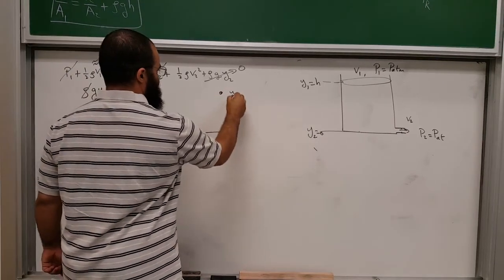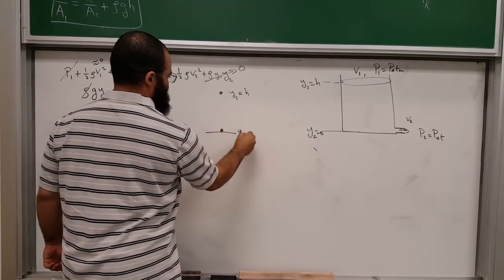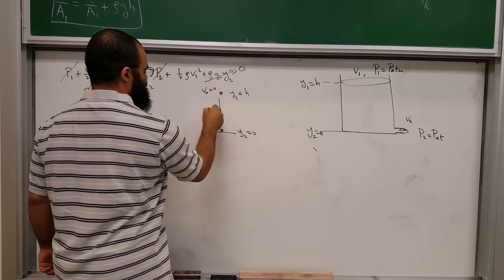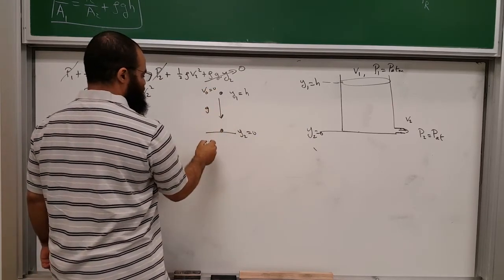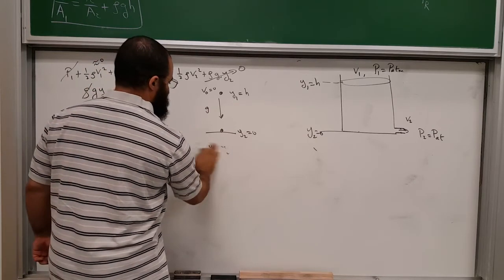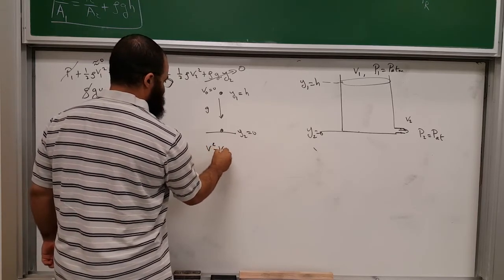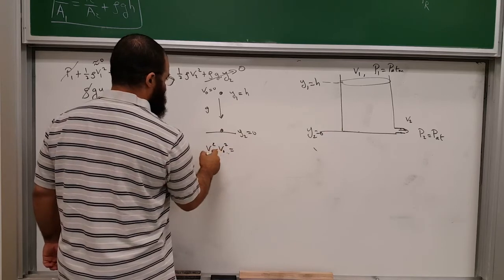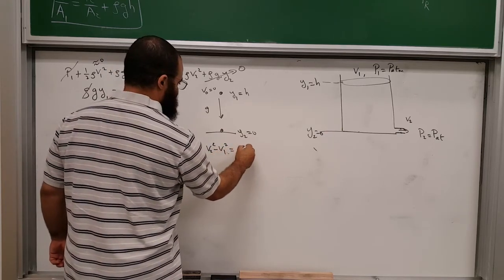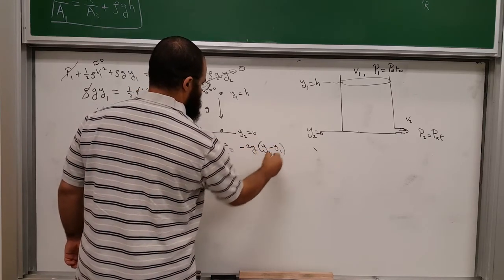Let's say Y1 is H, and then Y2 is 0, and V initial is equal to 0, and something is falling under the influence of gravity. And we know from kinematics, we'll use the other equation, V final squared minus V initial squared, so since we're calling it 1 and 2, V2 squared minus V1 squared is equal to minus 2g times Y2 minus Y1.